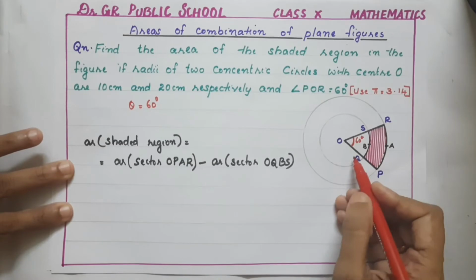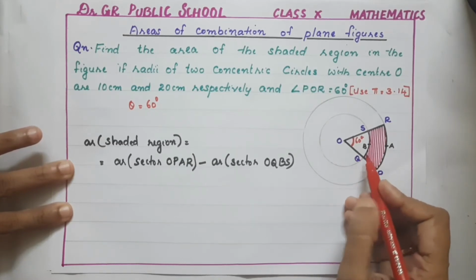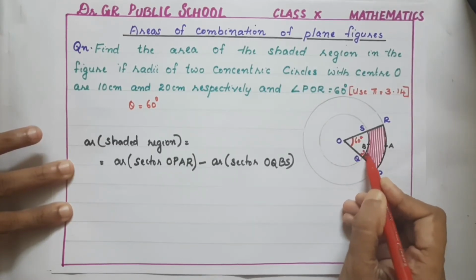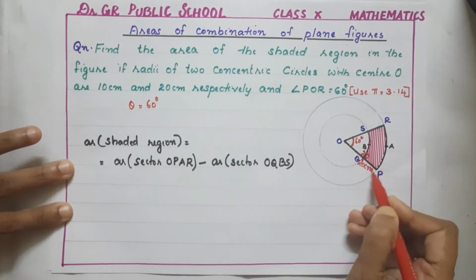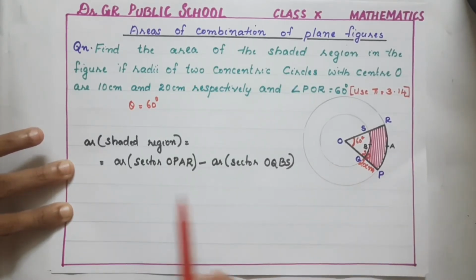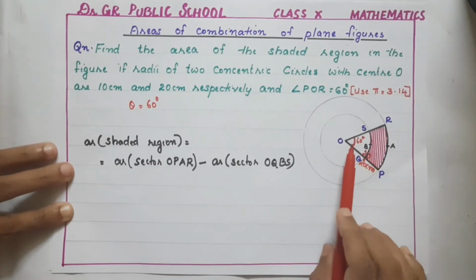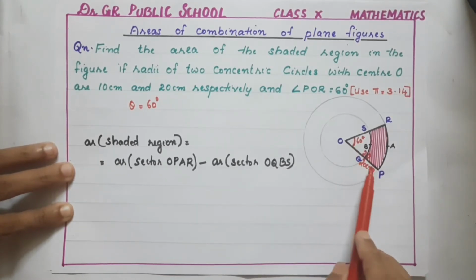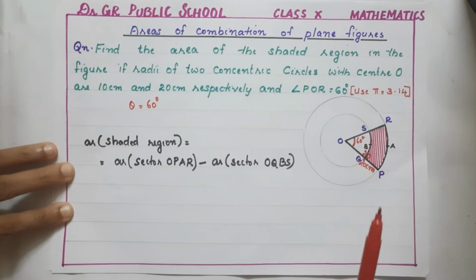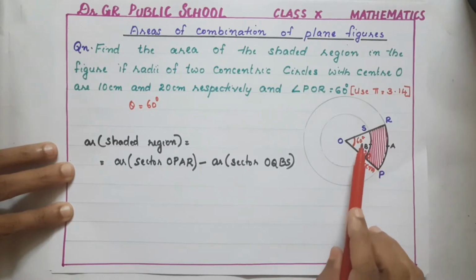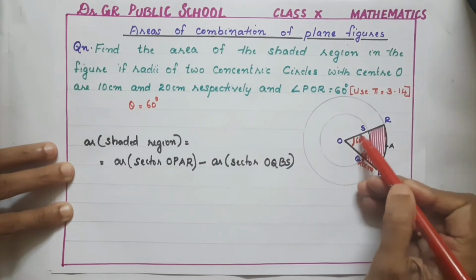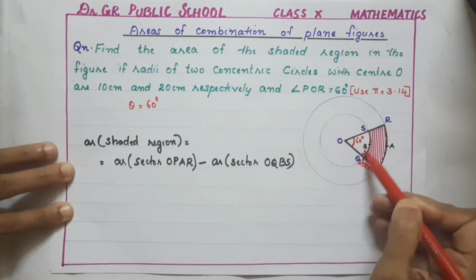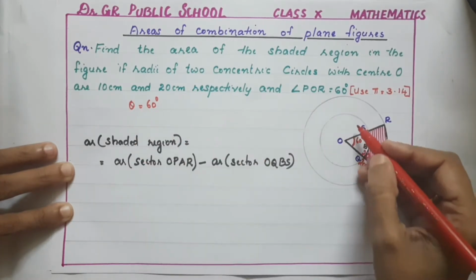Its radius is 20 centimeter. So we have the angle and radius for the larger sector. Now for the smaller sector, what is the radius? The smaller sector radius is the radius of the small circle, 10 centimeter.